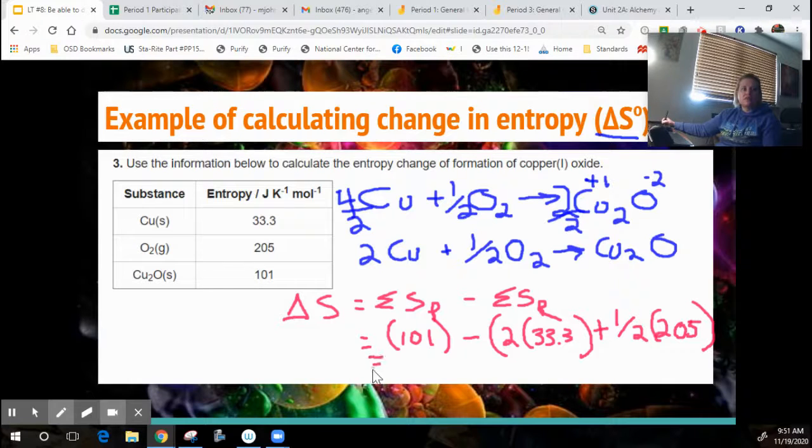And I'm going to put this all into my calculator. And when I put this into my calculator, I get a change in entropy of negative 68.1 joules per Kelvin.